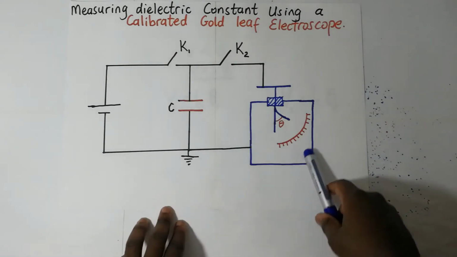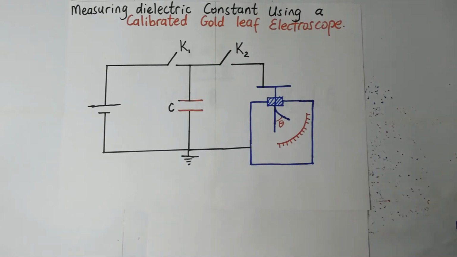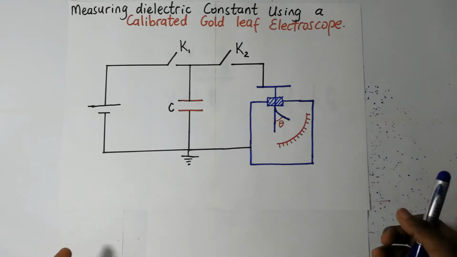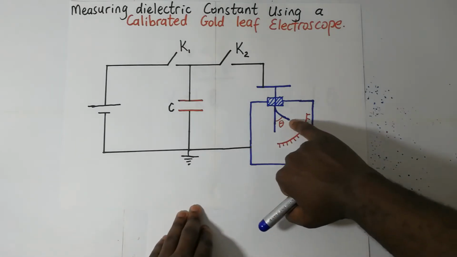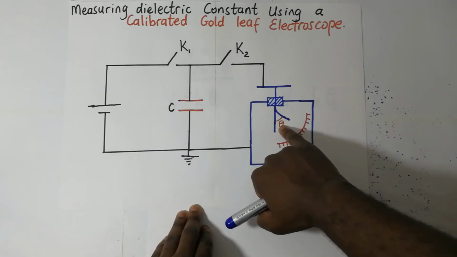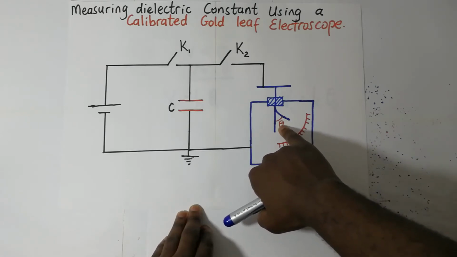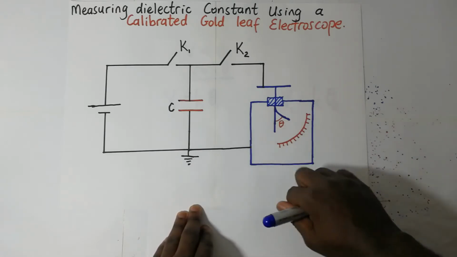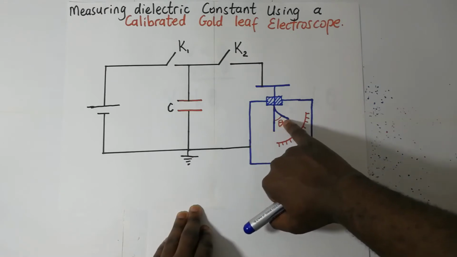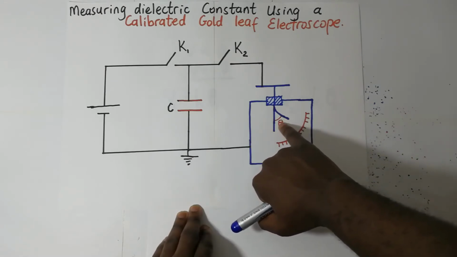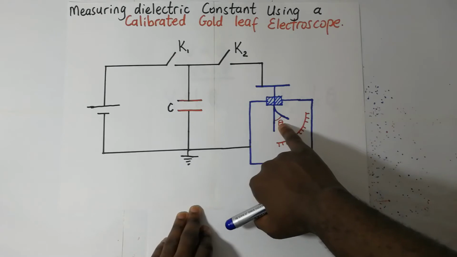This gold leaf electroscope you're seeing here is calibrated so that it is able to measure electric potential. This simply means that the divergence of the gold leaf is directly proportional to the voltage. In other words, the angle of deflection is directly proportional to the voltage it is measuring.